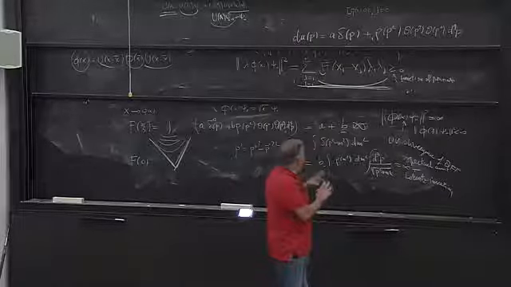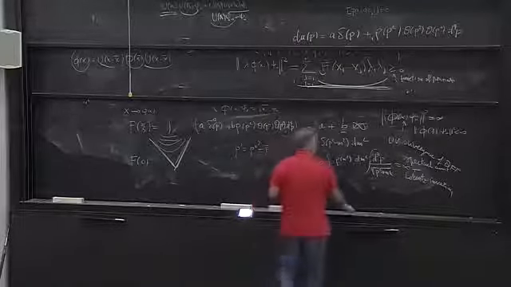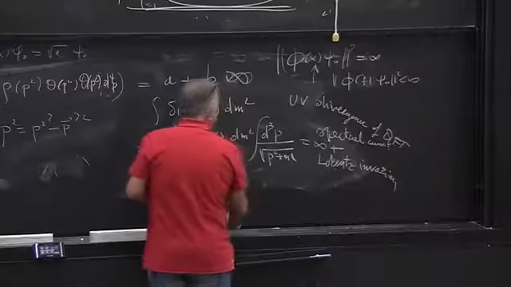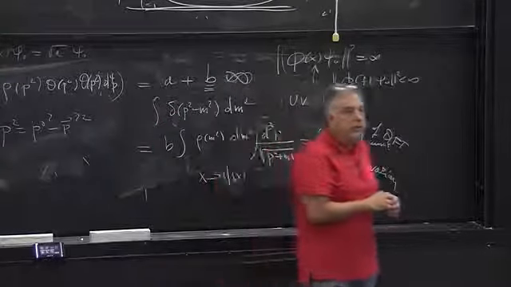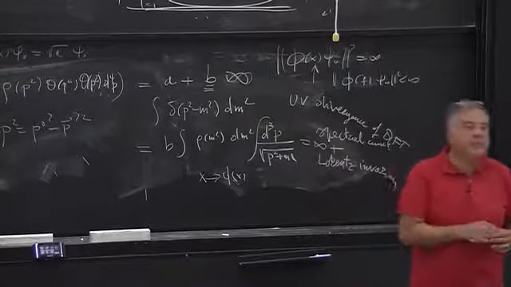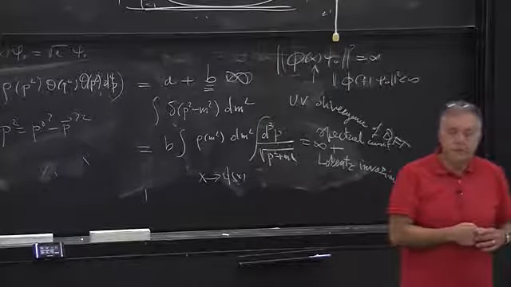Okay? So the distributional aspect of quantum field theory is not avoidable. It's a consequence of Lorentz invariance, plus the spectral condition. Okay?